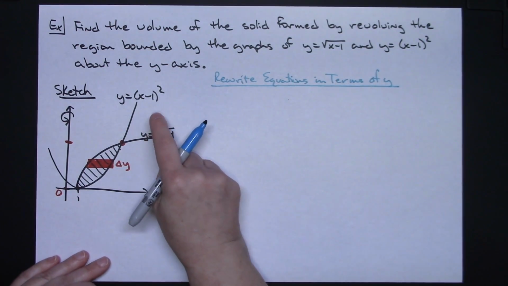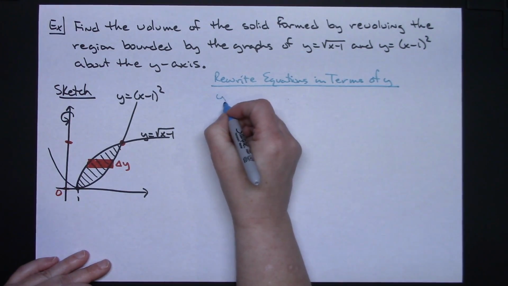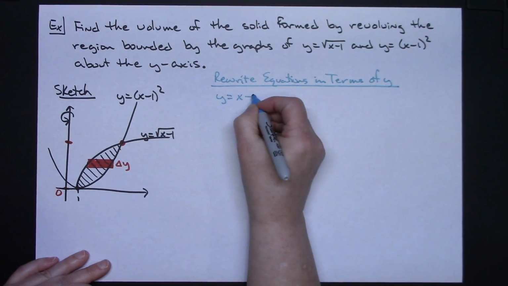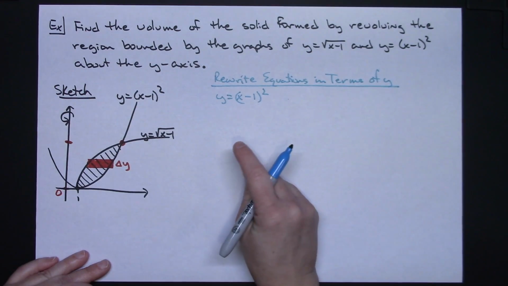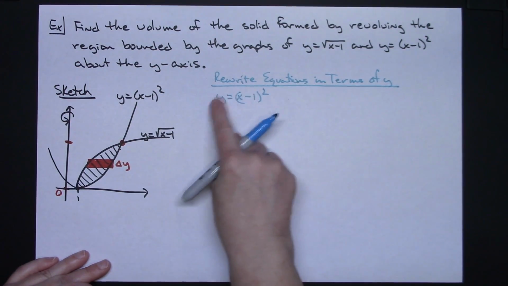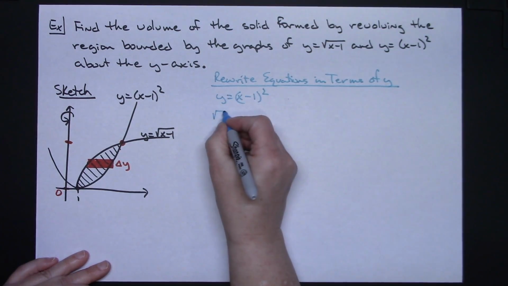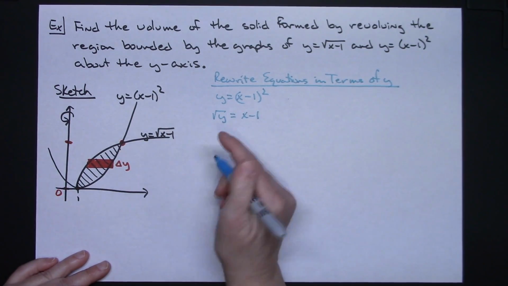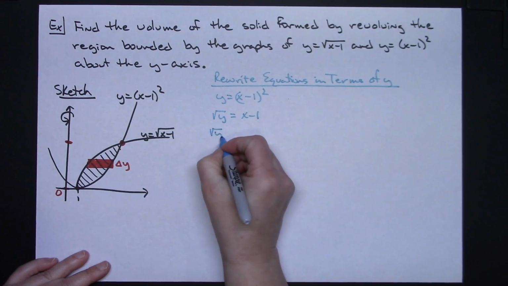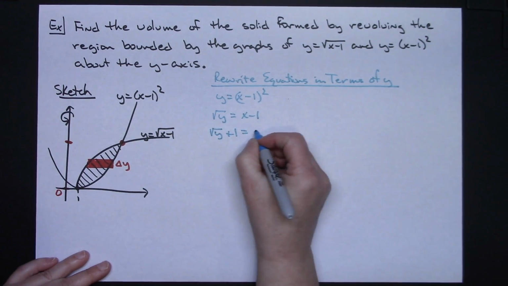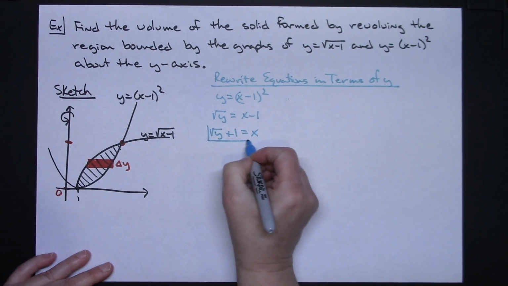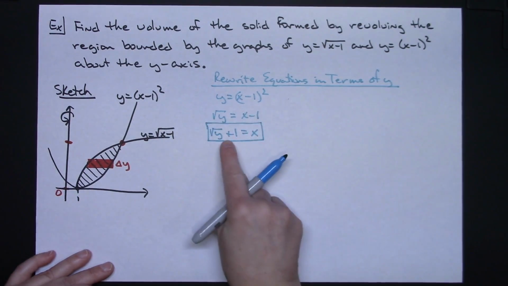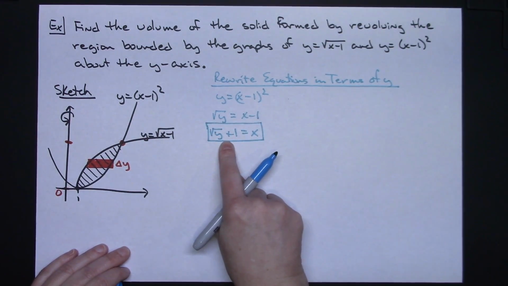Let's take this top parabola right here. y equals x minus 1 quantity squared. Let's take the square root of both sides to get rid of that 2. So I'd have square root of y equals x minus 1. I can add 1 to both sides. So square root of y plus 1 equals x. So the parabola, when rewritten in terms of y, is this equation right here.